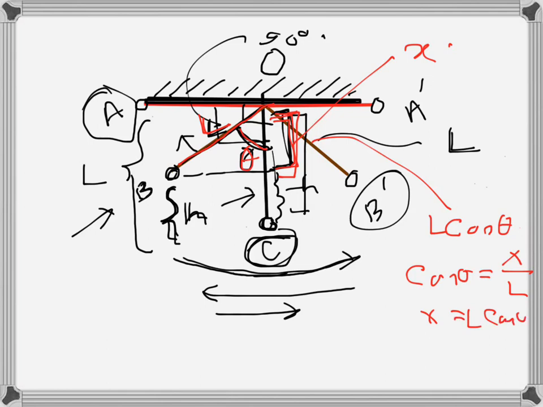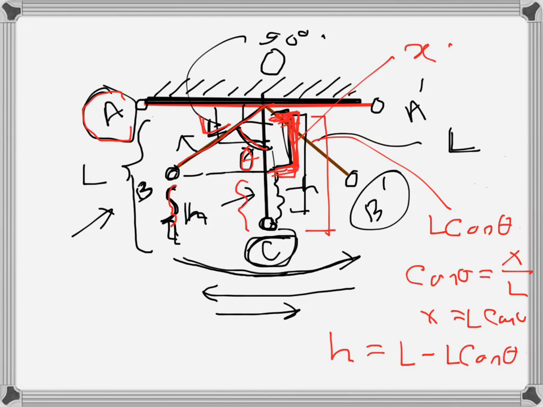According to the variation of cos theta, this height will change, and at position A, this becomes 0. So our height h is basically L minus L cos theta. This one is the full L and this is L cos theta, so this height is L minus L cos theta. That's the height as a function of theta. According to the position of theta, the height changes.